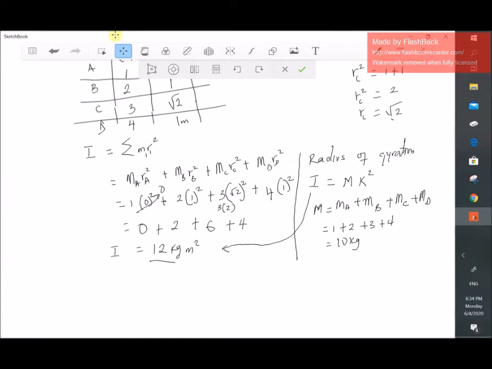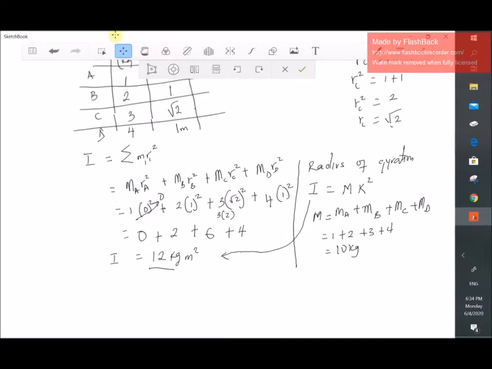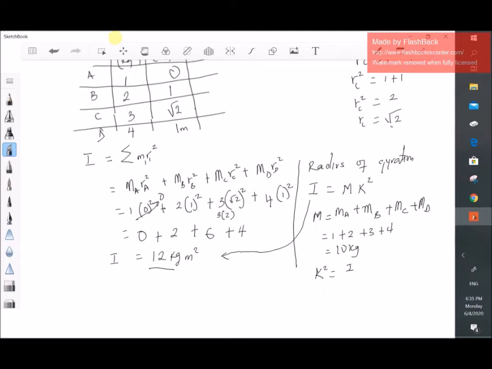So I can transpose this. We have k squared equal to moment of inertia over the total mass, which gives us 12 kg meter squared over 10 kg.